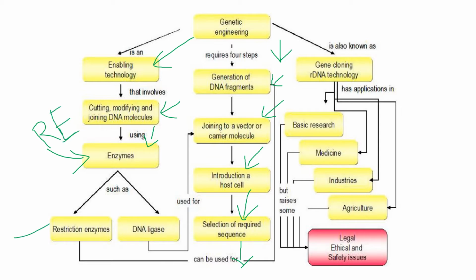So restriction enzymes are required, and DNA joining molecules, like pasting molecules, are also required. These pasting enzymes are known as DNA ligase. So these are the two important tools which are used to cut the DNA from one organism and to join the DNA into a host cell or into a vector molecule.